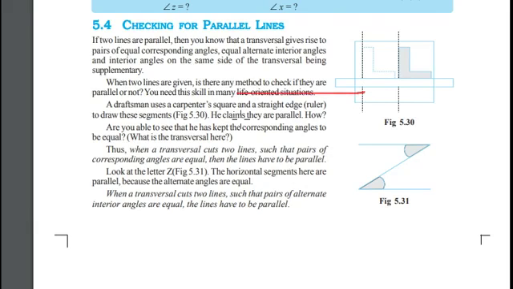When a transversal cuts two lines, L and M, such that pairs of corresponding angles are equal. If their corresponding angles are equal, then the lines L and M are said to be parallel.